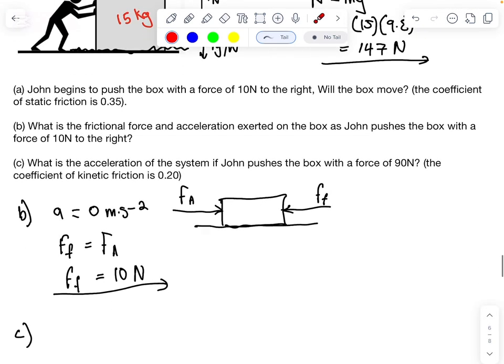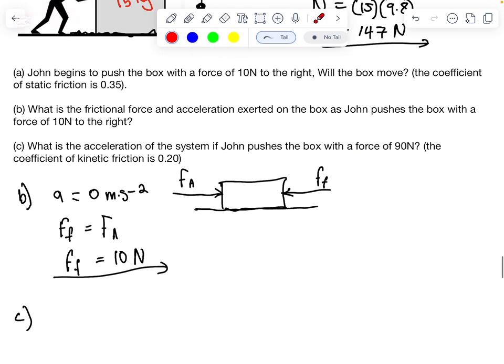Because our force applied is greater than the maximum static friction. Okay, so now they want to know what is the acceleration of the system if John pushes the box with a force of 90 newtons, and now they also gave us the coefficient of kinetic friction. They gave us the coefficient of kinetic friction because the box now is moving. So to determine this acceleration, remember we have this equation: F net is equal to ma.